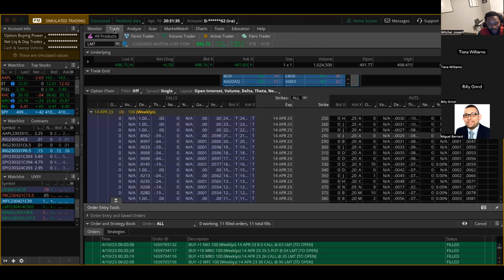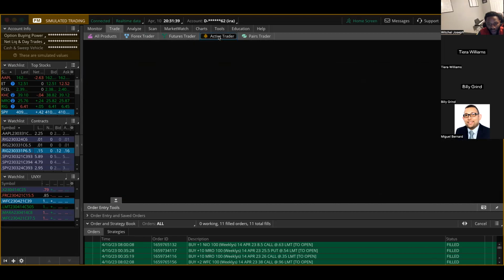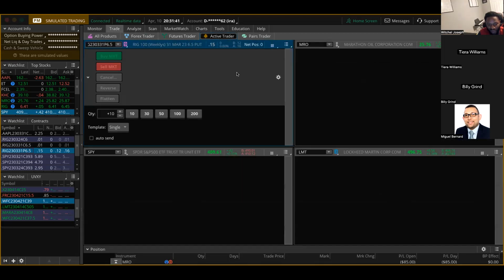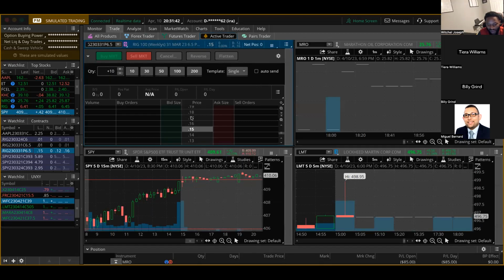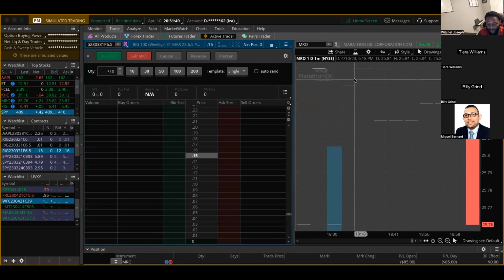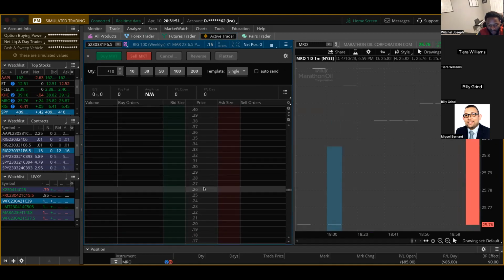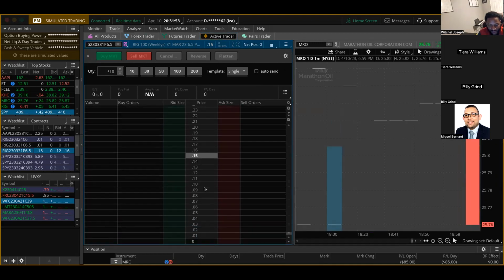When the market is open, you would see this. You go to Trade, then go to Active Trader, and this thing right here pops up. Let me make it a two frame. This little ladder looking thing is Active Trader. Say there's an option loaded up right here. The gray area is how much it's going for.